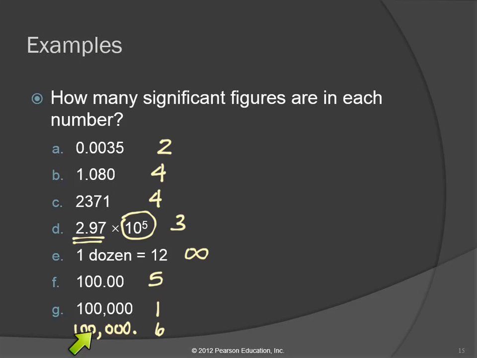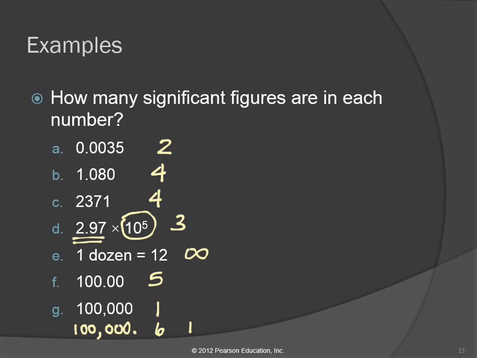This is a notation that scientists sometimes use. It's not something that is the best form because it can be a little confusing, especially if you're writing numbers in a sentence and you've got a decimal point at the end of the sentence. You're like, well, is that a period or a decimal point? Hard to tell. If we want this number to have 6 significant figures, the best thing to do would be to write it in scientific notation.